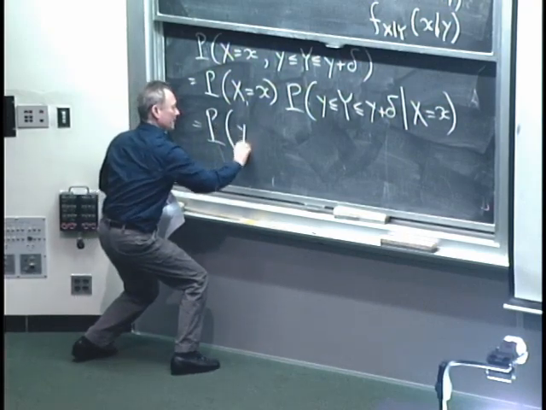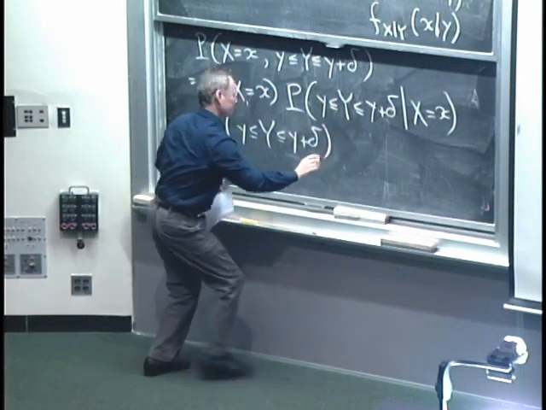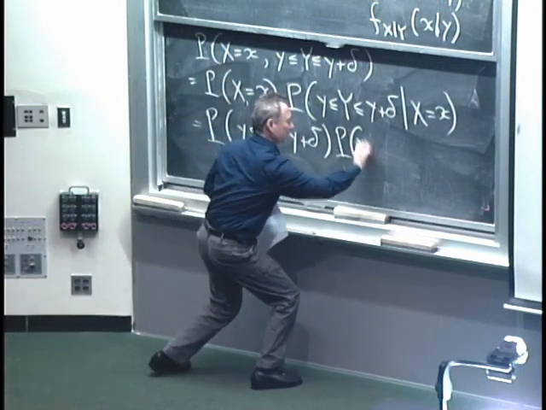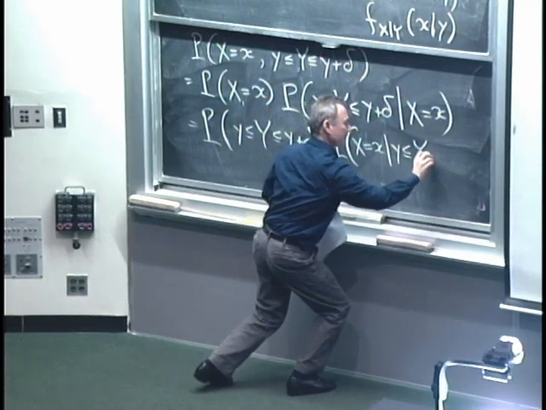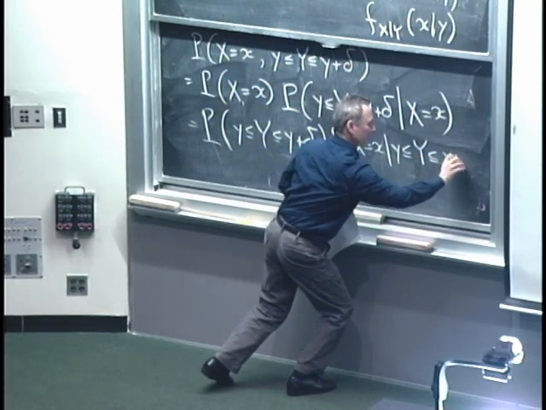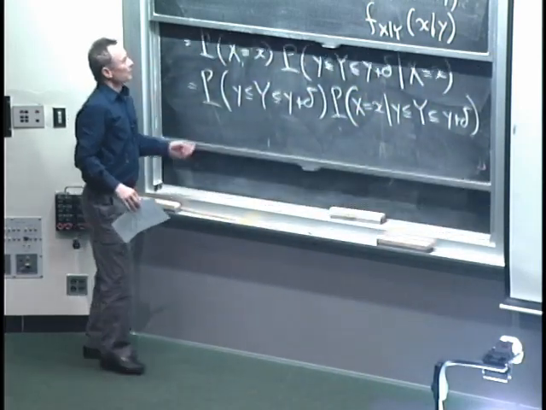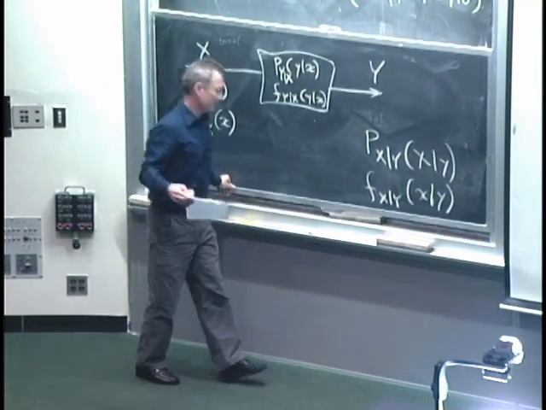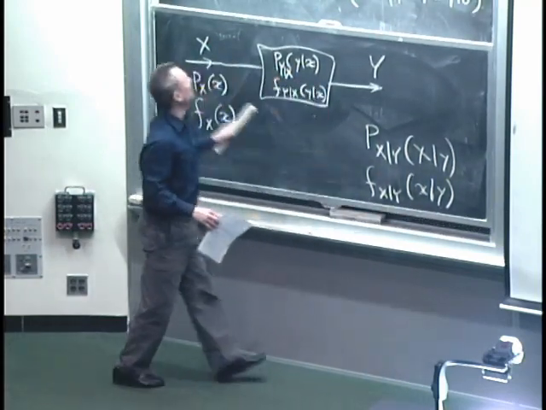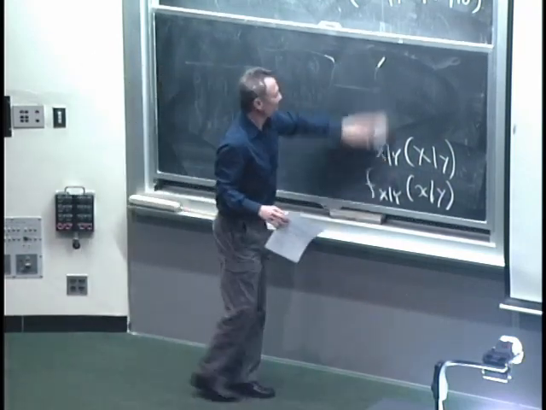It's the probability that y falls in the range of interest, and then the probability that x takes the value of interest given that y satisfied the first condition. So this is something that's definitely true. We're just using the multiplication rule.